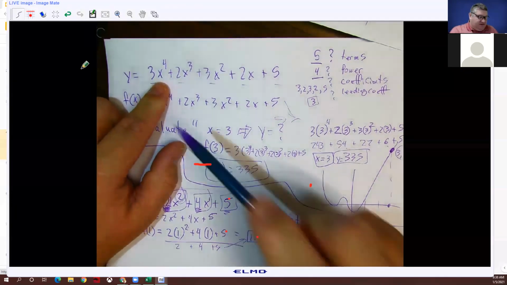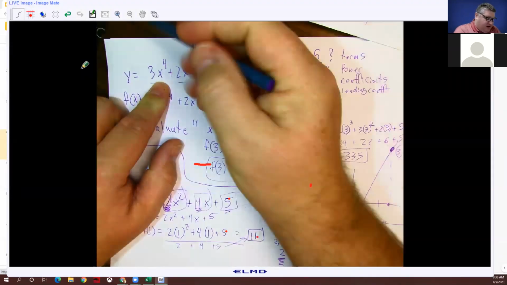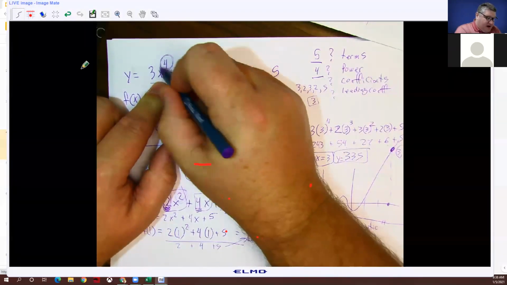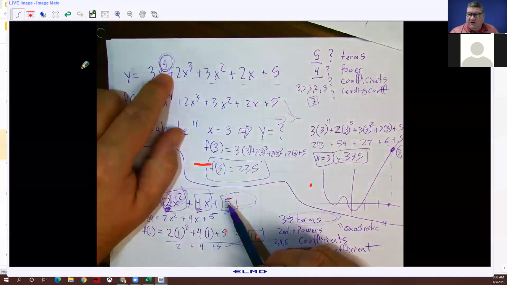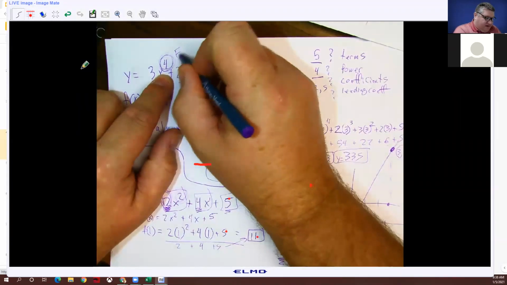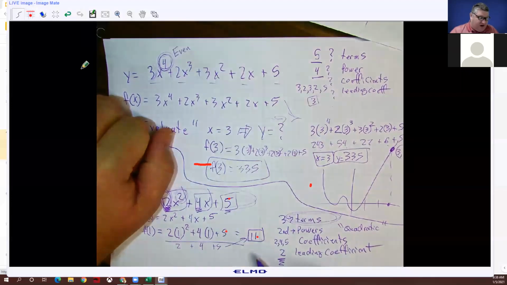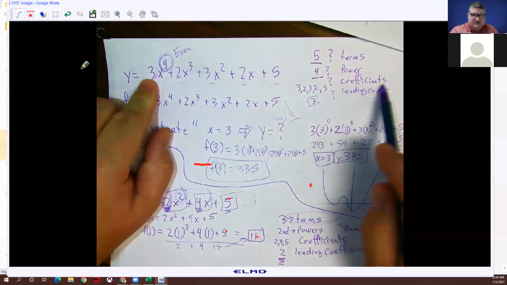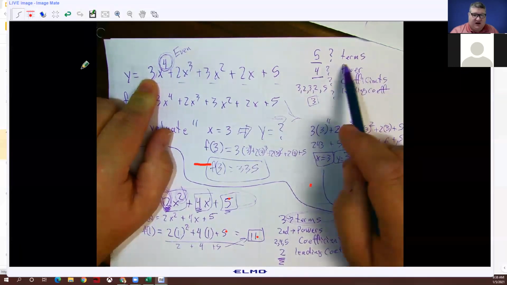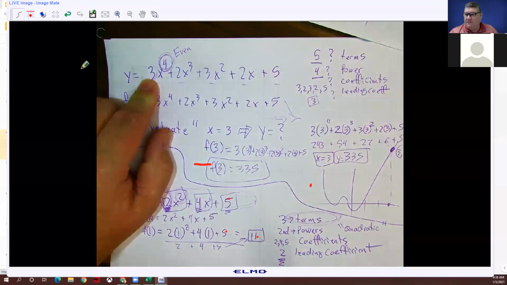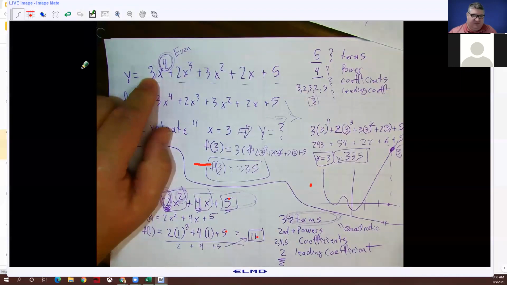Ooh, it is an even function because we're looking at the power, and the power is 4, making this an even function. Now, the number out front is odd, but remember, the number is just a coefficient, not a power. So it would, in fact, be even.